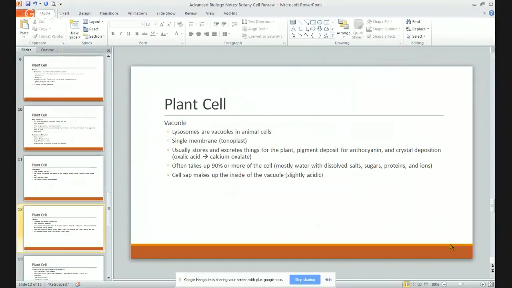This particular membrane has a special name. It's called the tonoplast. In the plant cell, your vacuole generally is going to store things or things that need to be excreted for the plant.